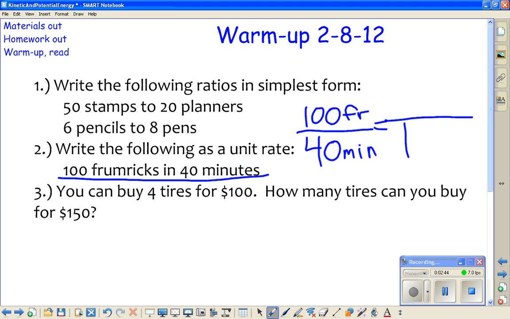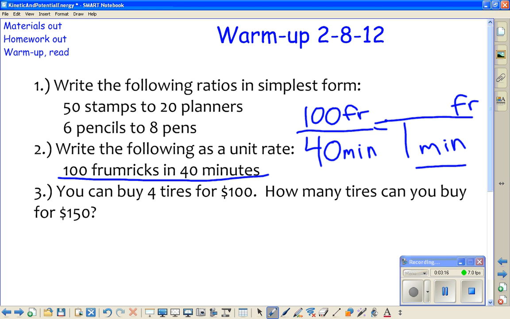Okay, and what's going to go on the bottom right here? Will it be Fruitopias or minutes? Minutes. All right, and on the top, what will be the units right here? Come on, just say it. Fruitopias.